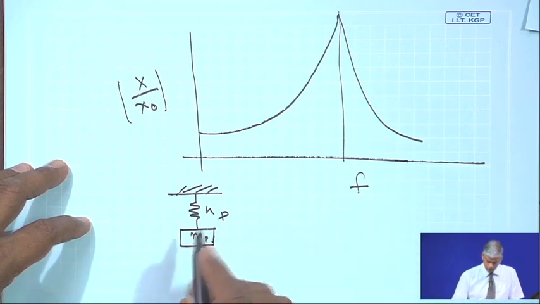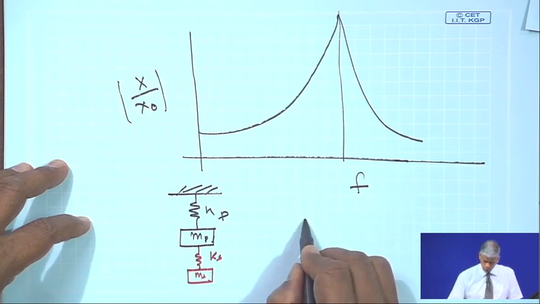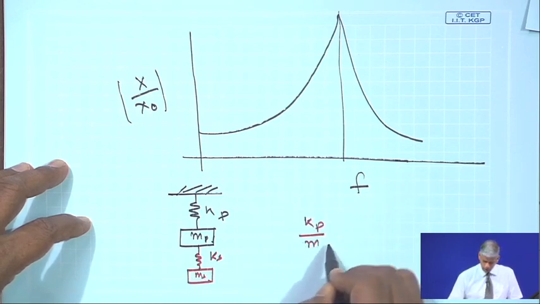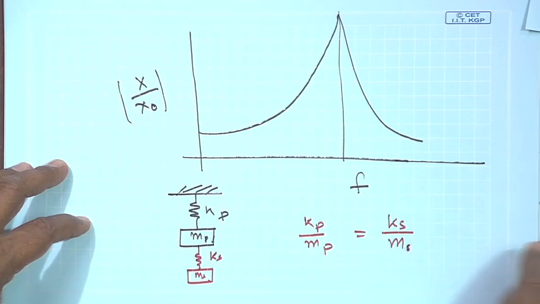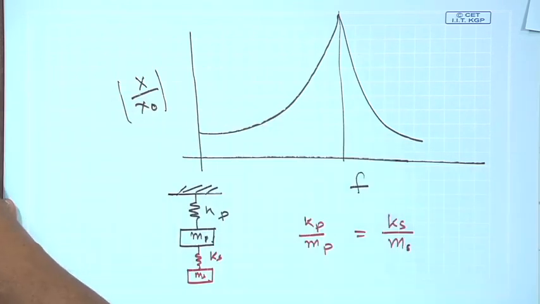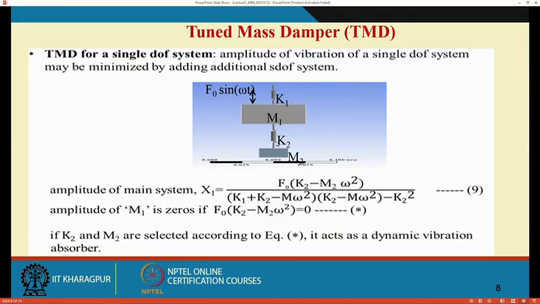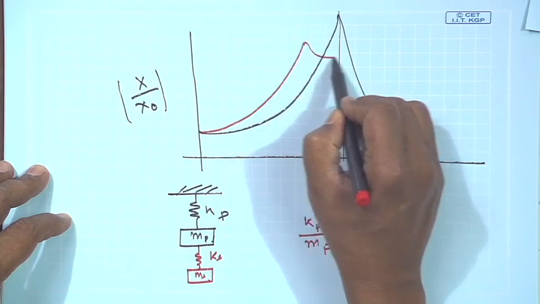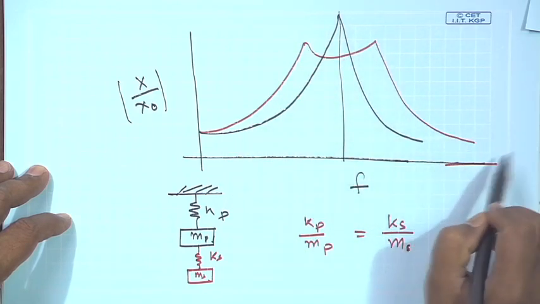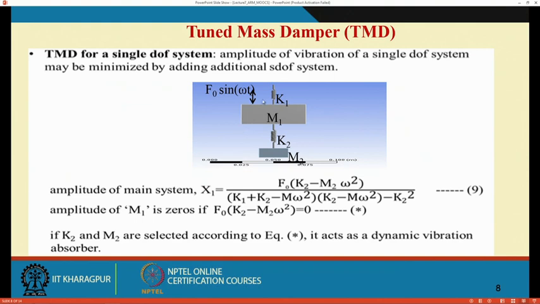I can attach a secondary mass where Kp by mp is equal to Ks by ms. Okay. So, now it becomes a 2-degree freedom system. So, these amplitudes will reduce and natural frequencies would shift, and this has many practical examples which you will see.